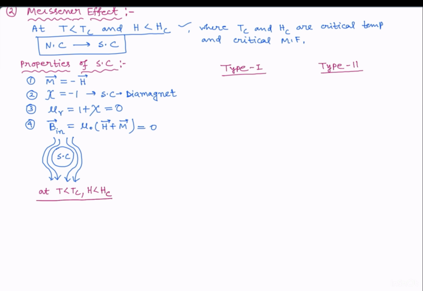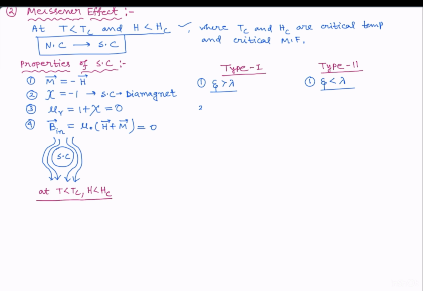And in type 2 superconductor, the coherence length is less than the penetration depth. These are the important pieces of information which have to be remembered.